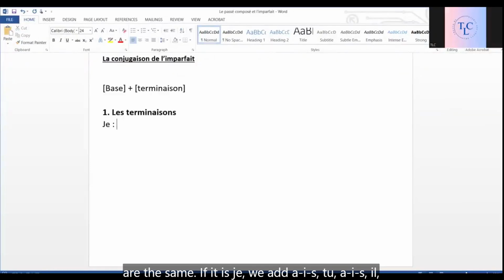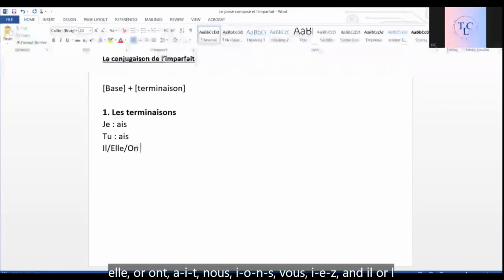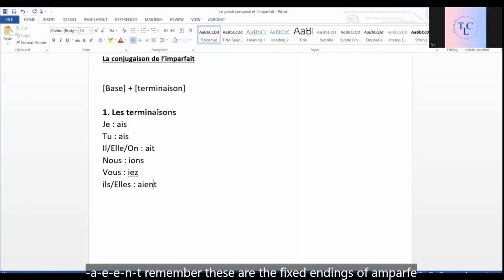If it is je, we add AIS. Tu, AIS. Il, elle or on, AIT. Nous, IONS. Vous, IEZ. And ils or elles, AIENT. Remember, these are the fixed endings of imparfait.